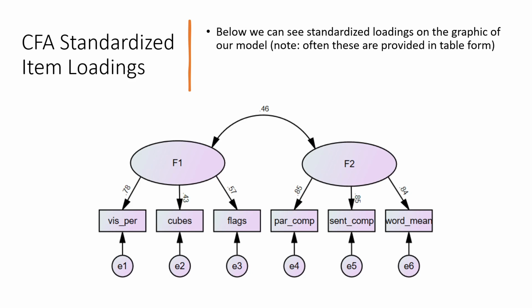I can look at the factor loadings of visual perception, cubes, and the flags test, as well as paragraph composition, sentence composition, and word meaning. For factor 2, everything looks really good. 0.85 loadings are above all thresholds, all rules of thumb that anybody would have. Factor 1, visual perception looks good, but cubes and flags both look a little low.